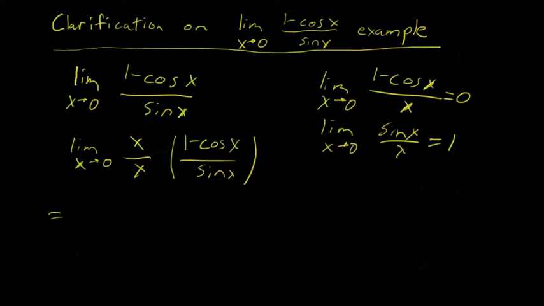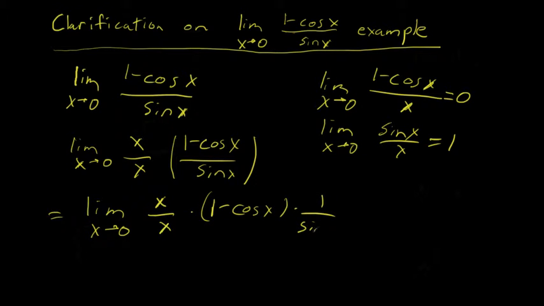And then what I said is we could rewrite this as x over x, 1 minus cosine of x divided by sine x. You can see that it's the same thing as 1 minus cosine of x times 1 over sine of x, because dividing by something is the same thing as multiplying by 1 over it.